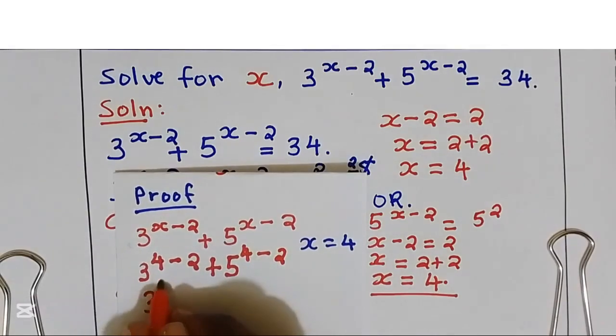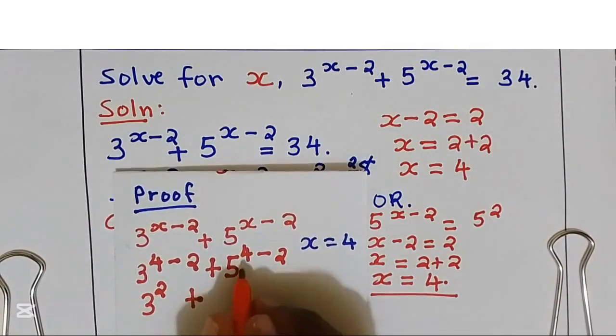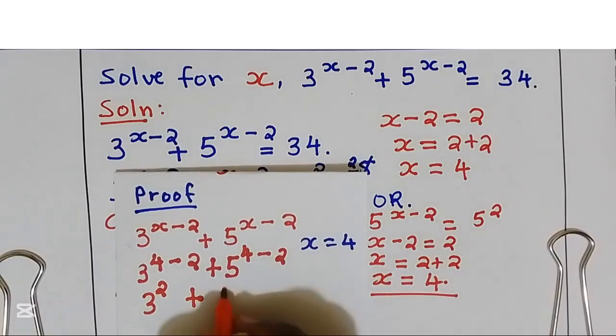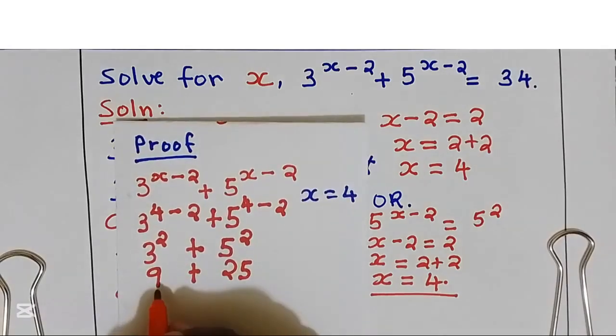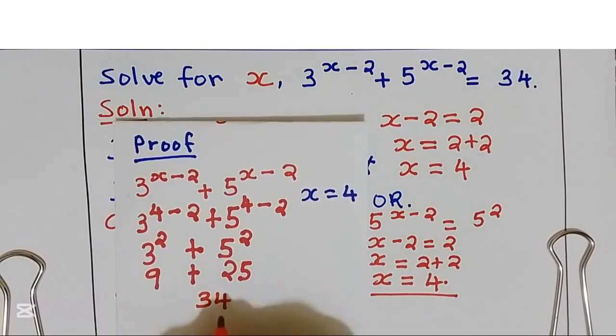We have 3 squared plus 5 squared. 3 squared is 9, plus 5 squared, which is 25. 9 plus 25, we get 34.